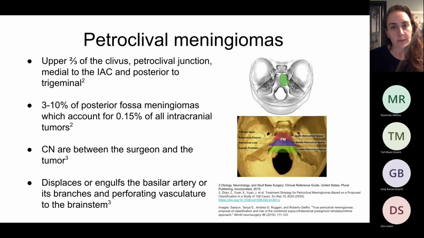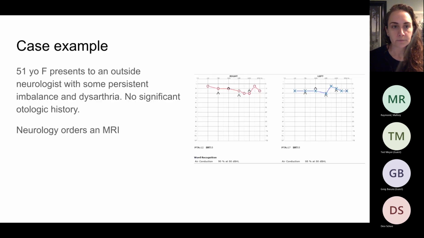These account for about 3 to 10% of posterior fossa meningiomas, which account for about 0.15% of all intracranial tumors. The difficulty with these lesions is that the cranial nerves are located between the surgeon and the tumor. They also displace or engulf the basilar artery and its branches, as well as the perforating vasculature to the brainstem. So they're very high risk for surgery.